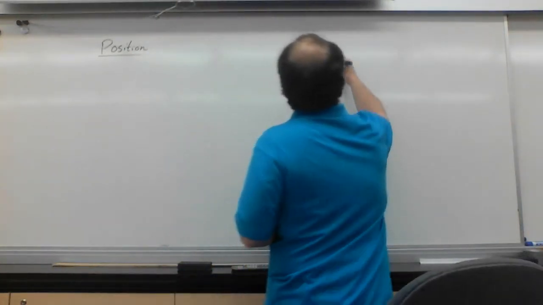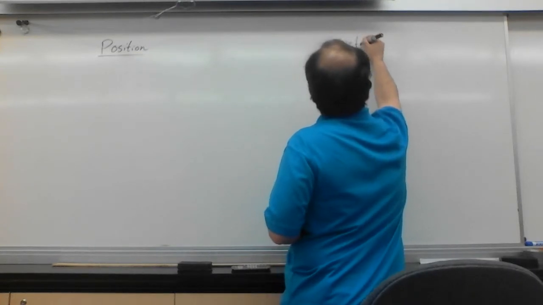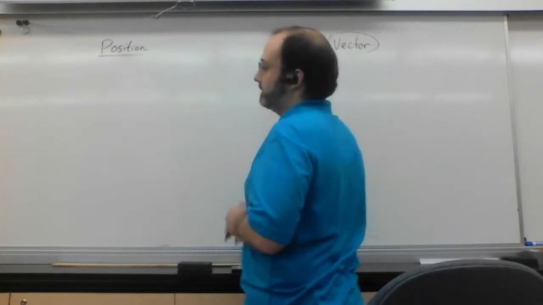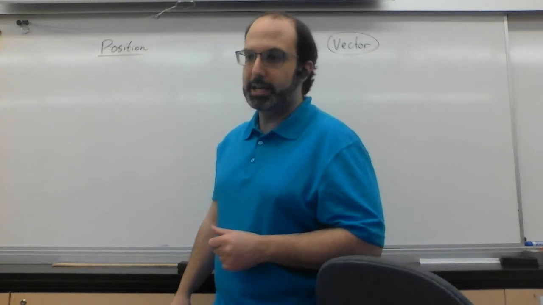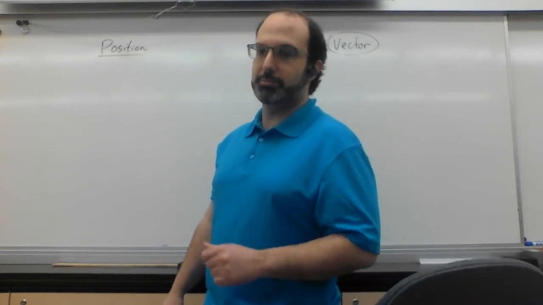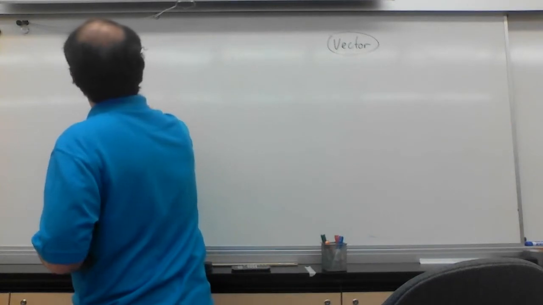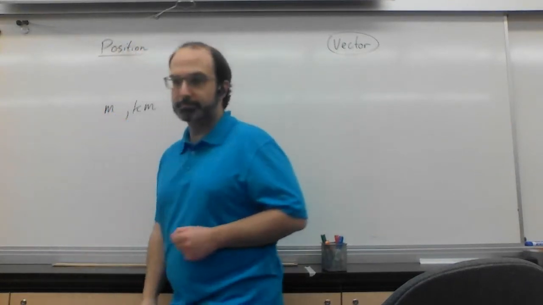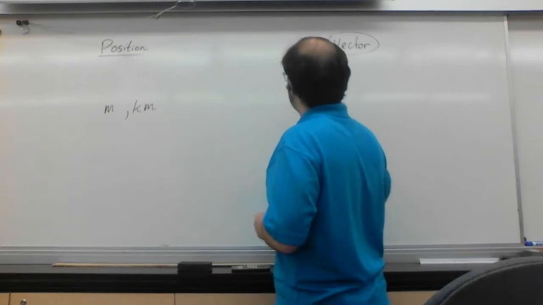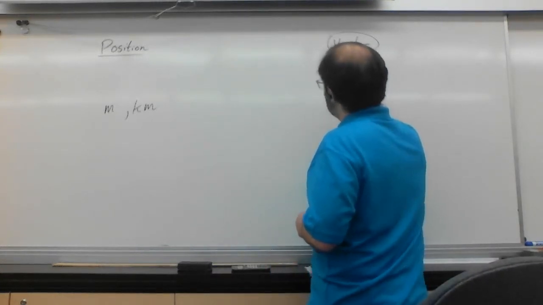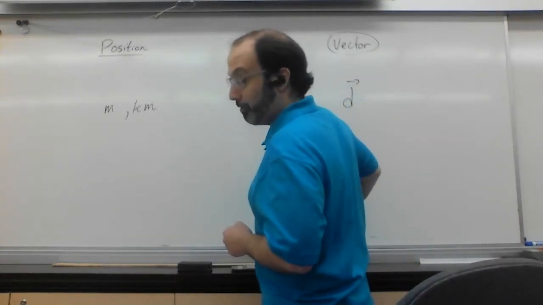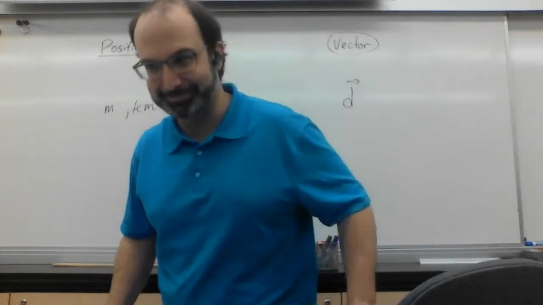Well, we'll get to that, but it is a vector, so you can circle that part of your notes there. And the units are in meters and kilometers, just like distance. And the symbol for position is D with an arrow on top.